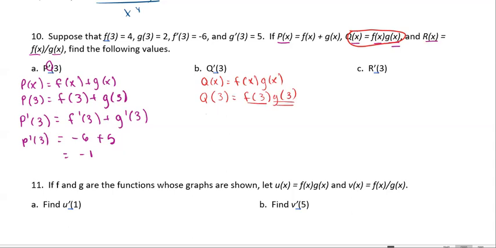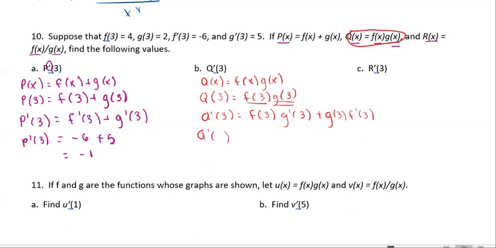So looking at our product rule to figure out our q prime, our derivative. Our product rule says to take the first, so that'd be f of 3, times the derivative of the second, plus the second, times the derivative of the first. So if we simplify this all down, well, let's see, do we have these values so that we can substitute them in?